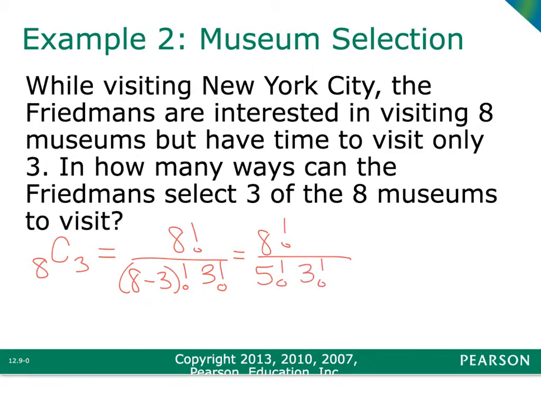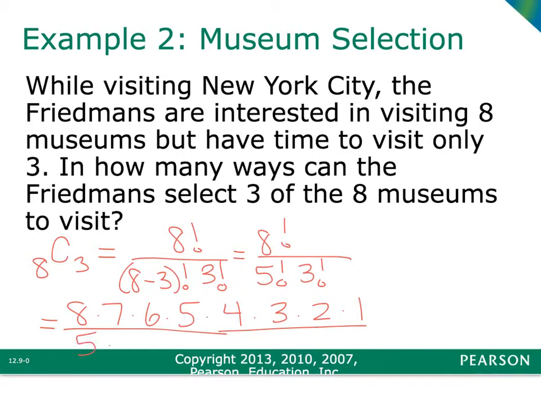If you're doing factorials by hand, remember that 8 factorial is 8 times 7 times 6 times 5 times 4 times 3 times 2 times 1. 5 factorial is 5 times 4 times 3 times 2 times 1. And 3 factorial is 3 times 2 times 1.